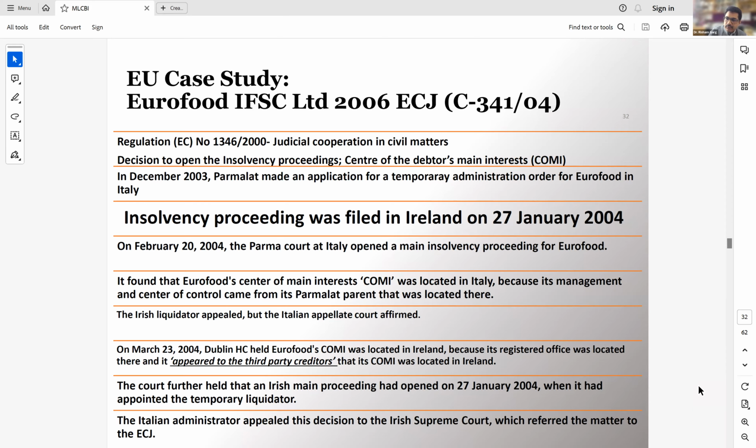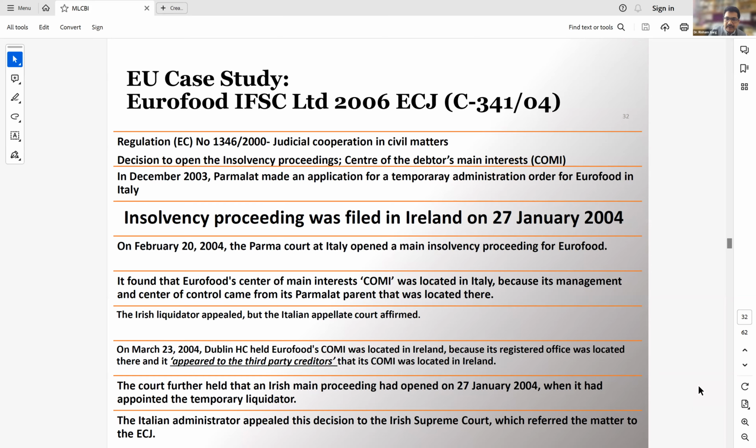So Parmalat was an Italian company, the Holdco, which floated this Eurofood IFSC, and it was expected to be an SPV, where Eurofood was registered in Ireland, and Ireland is a tax-friendly country, so that they could benefit from the low tax rates and take funding.